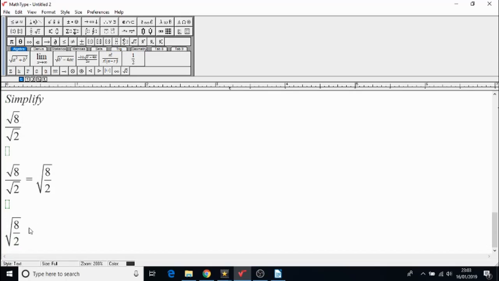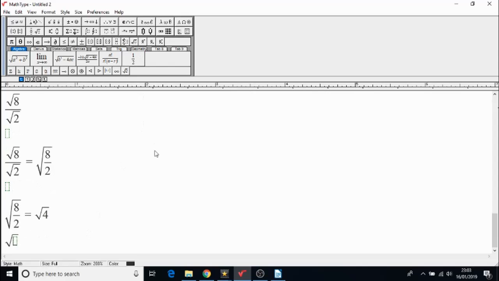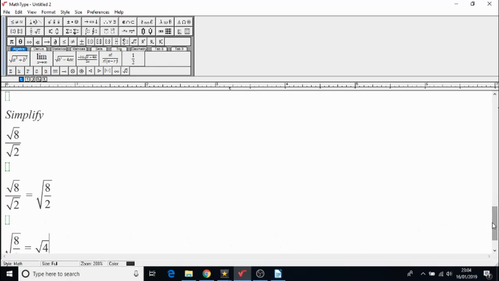What is 8 divided by 2? That's the same as square root of 4. Aha! See where I'm going with this? And what is the square root of 4? It is 2. And so that means, therefore, 2 is the square root of 8 over the square root of 2 simplified.